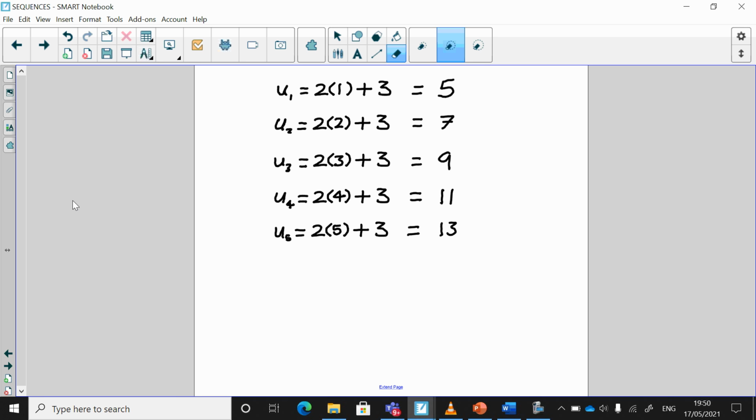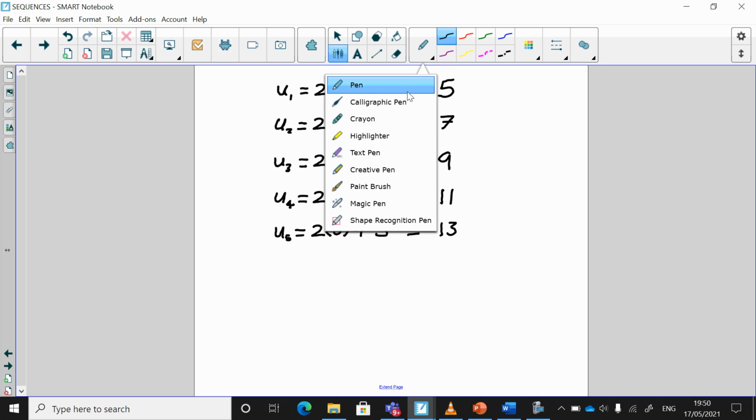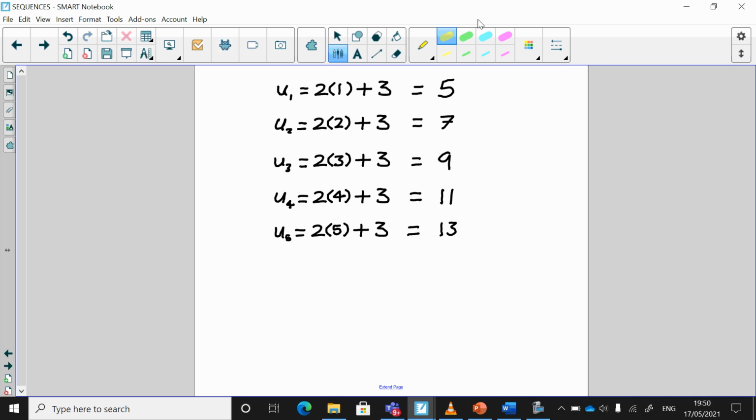And the number in front of n, that's responsible for that. Because this is like y equals mx plus c, so that's like the gradient where you go along 1 and up 2. That's why we have an increase. Going from one term to the next, we are increasing by 2.